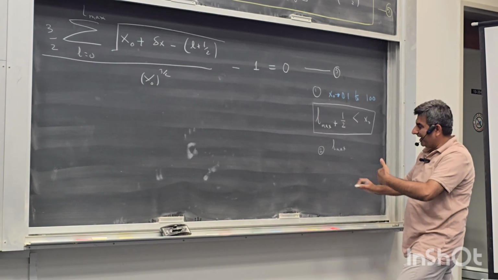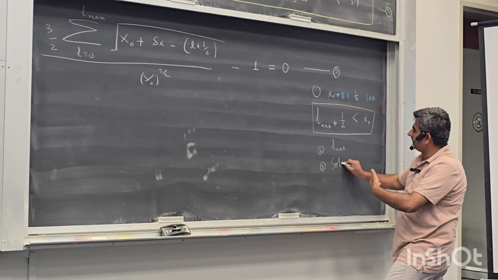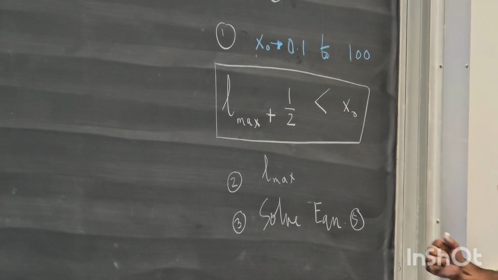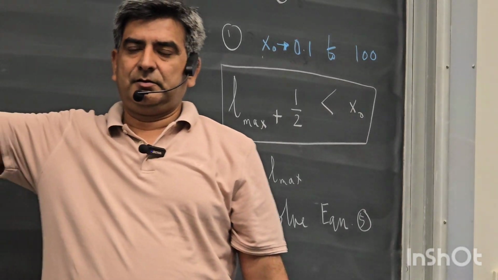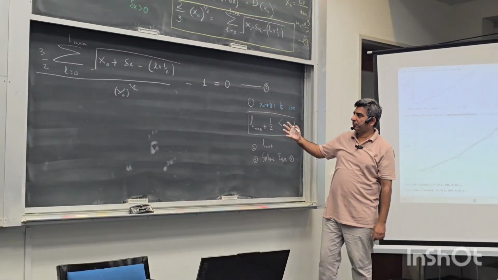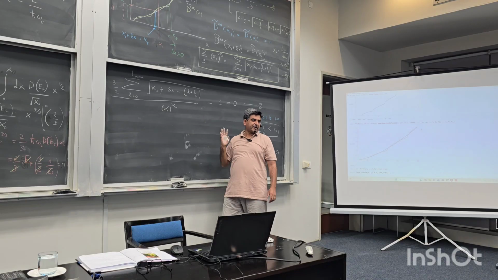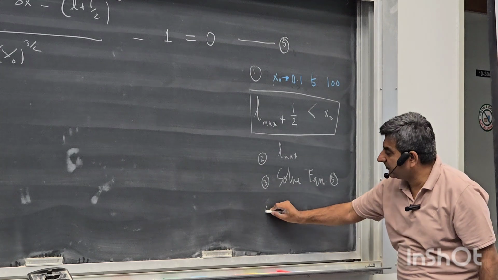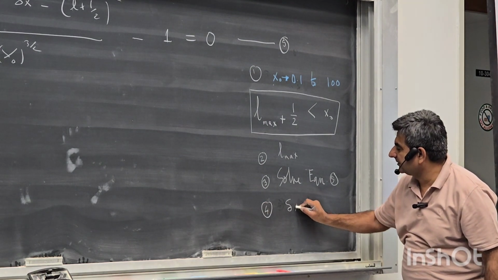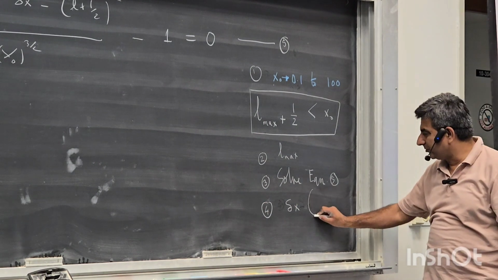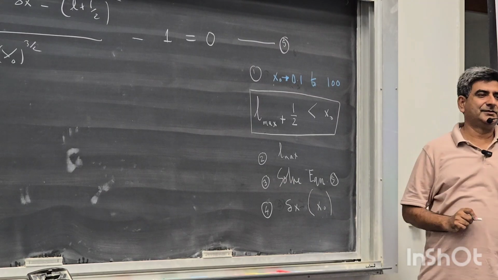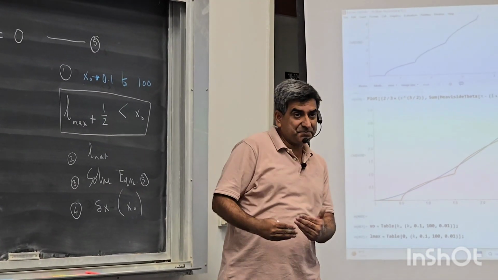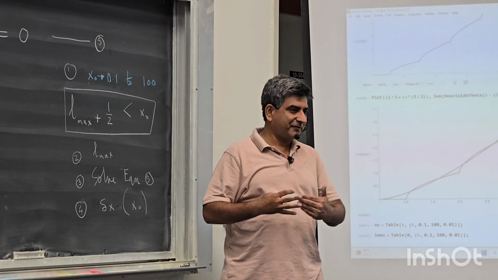Got it? And then I solve equation number 5. I find the roots to this characteristic polynomial. It's not a polynomial, but I find the roots to this algebraic expression. The solution to this will give me an array of delta x's corresponding to x naughts. So for each Fermi energy, for each x naught, for each magnetic field, I'll get some perturbation to the Fermi energy.